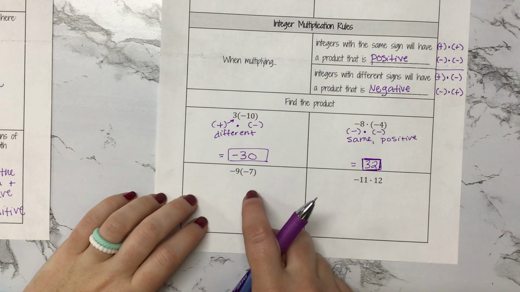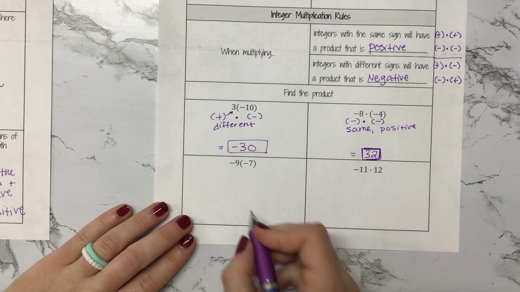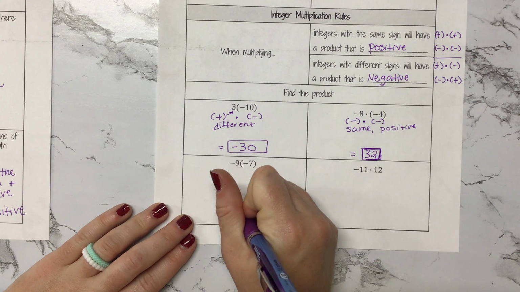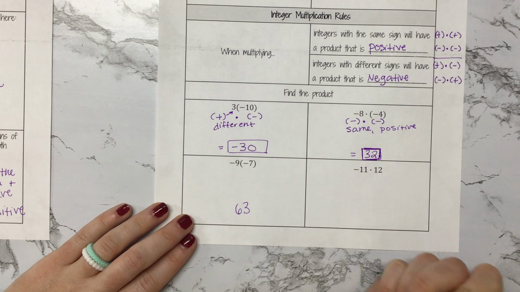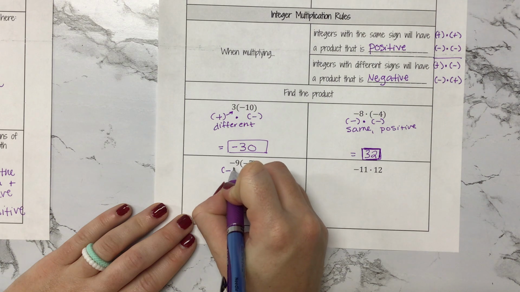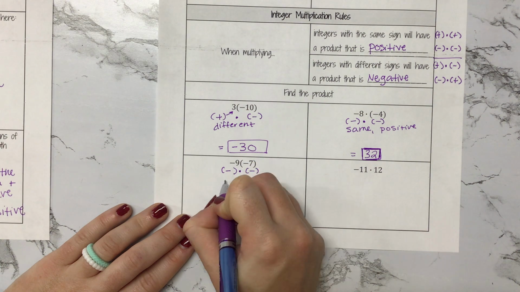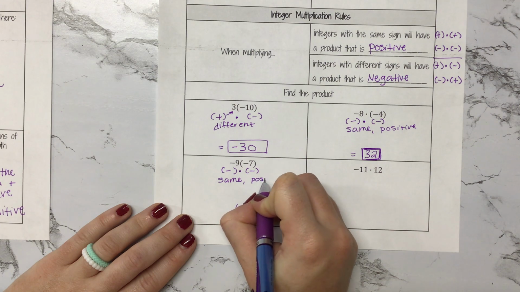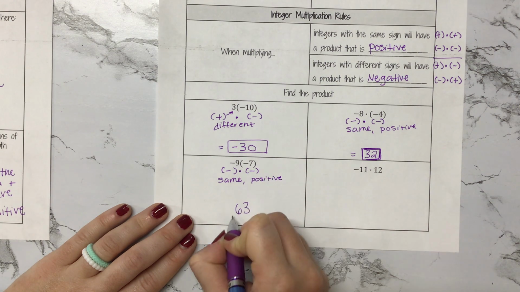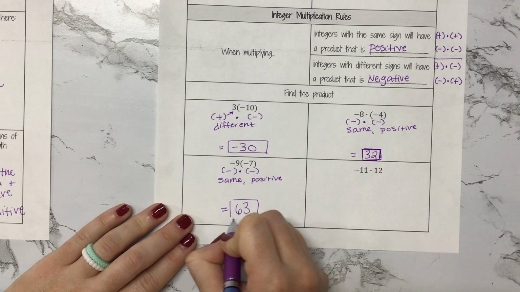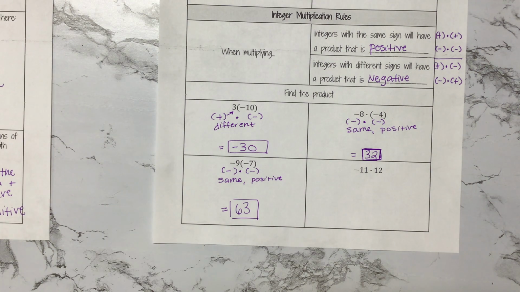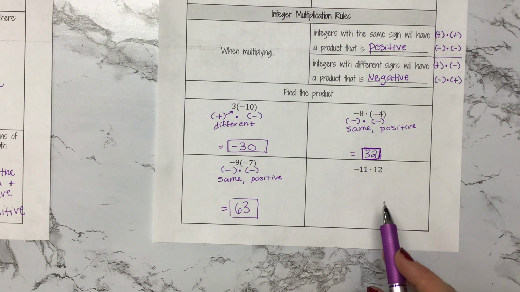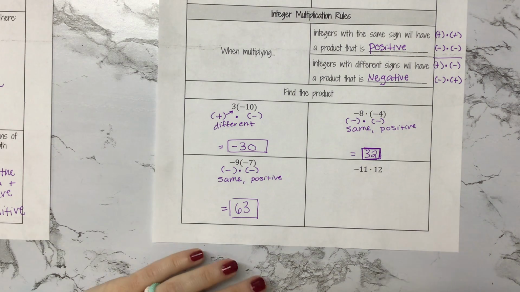Negative 9 times negative 7. 9 times 7 is 63. Here we have a negative times a negative. Those are the same. So your answer is positive. Last but not least, negative 11 times positive 12.